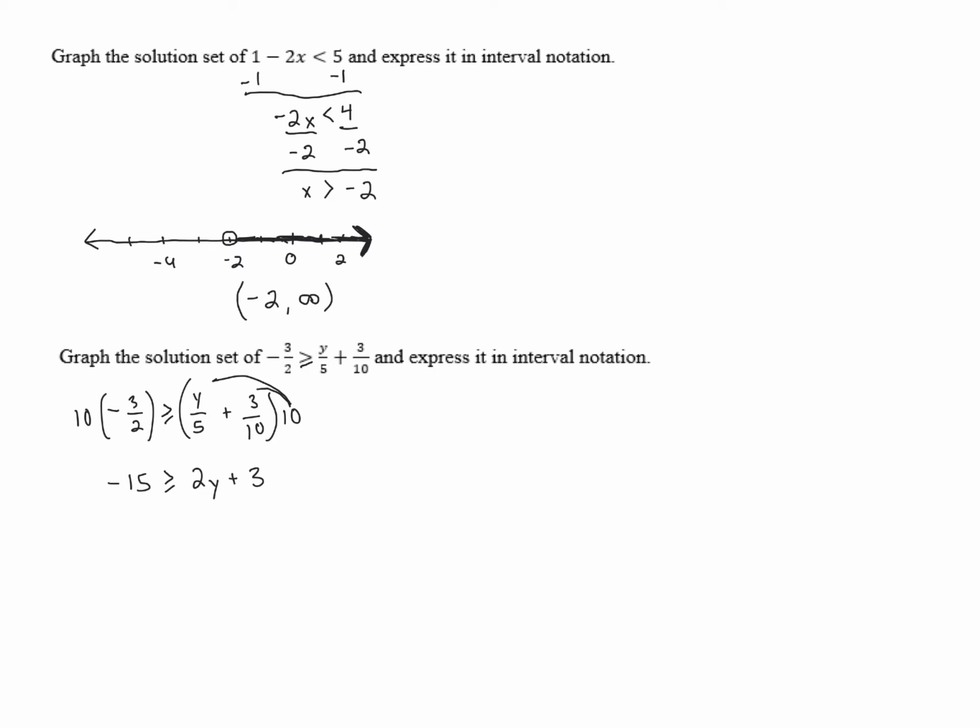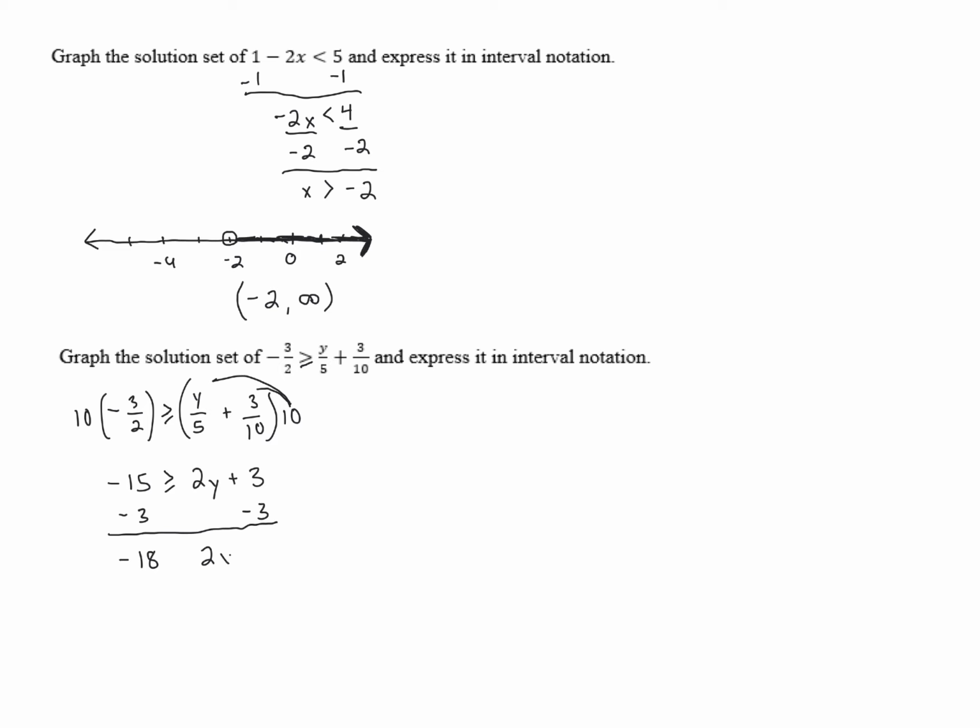We want to get the variable term by itself now, so we want to subtract 3 from both sides. What do we get when we subtract 3 from both sides of the inequality? On the left-hand side, negative 15 minus 3 is negative 18.